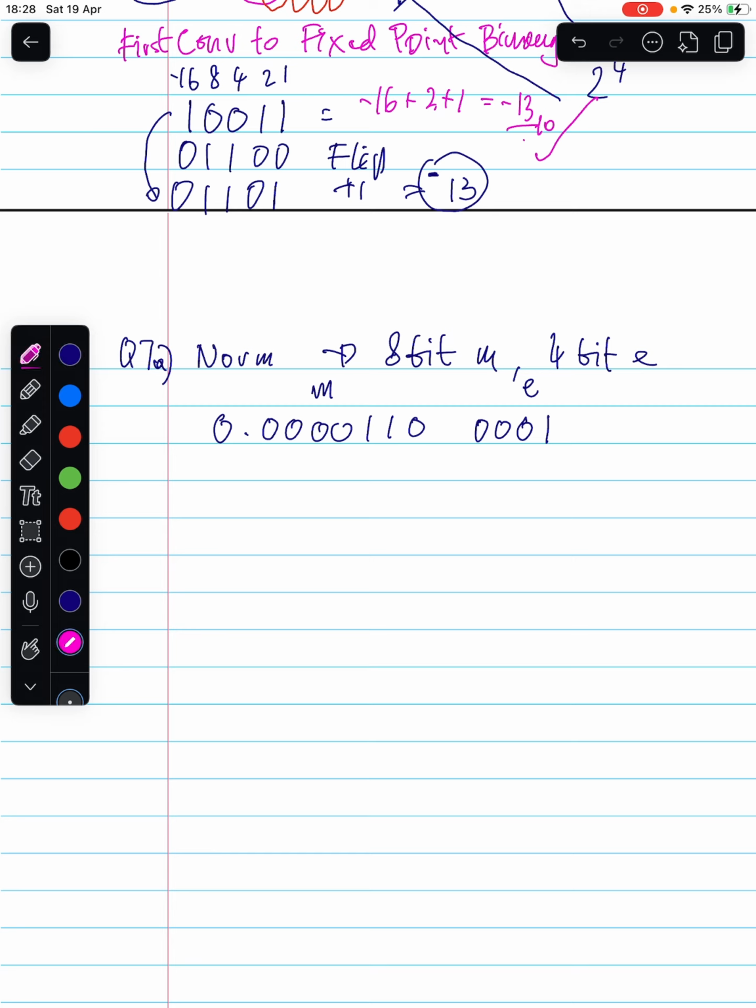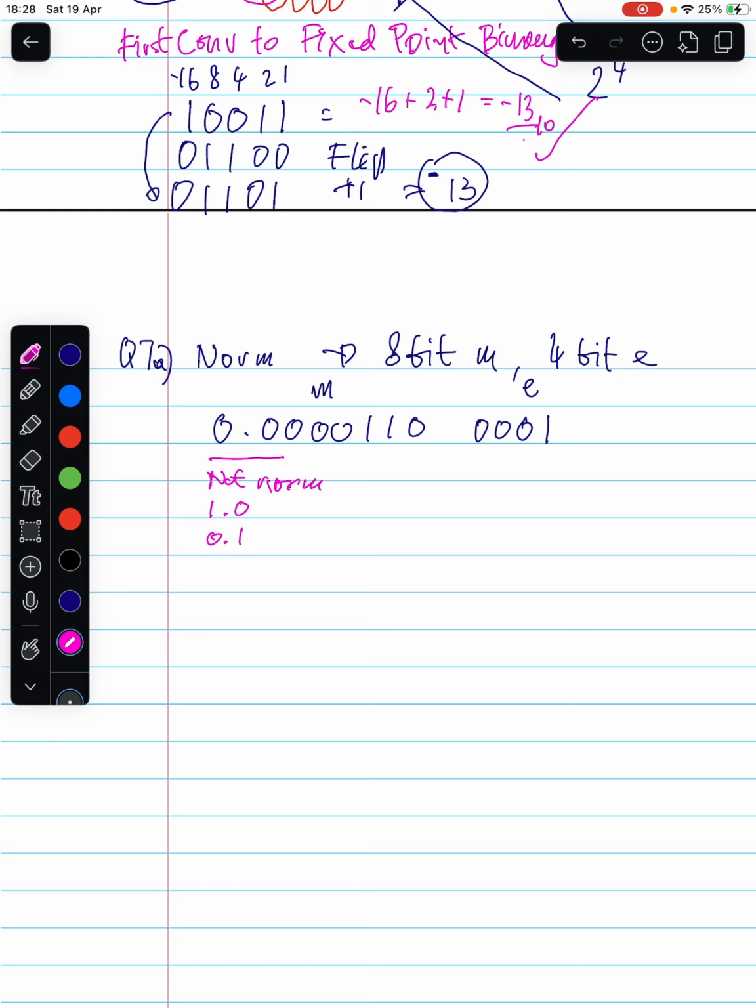So this is not normalized. Imagine an exam question saying, is this number normalized? It's not normalized because it doesn't start with 0.1 or 1.0.